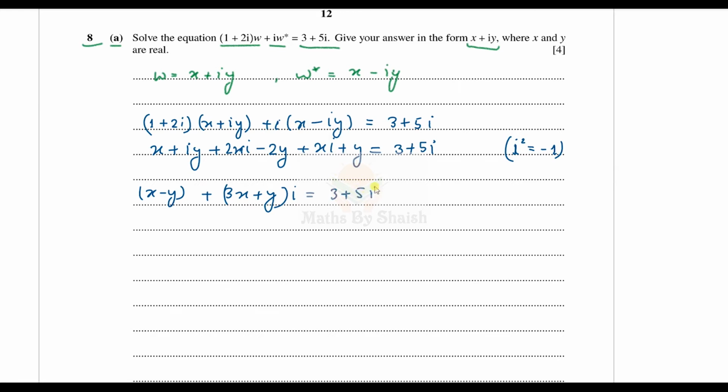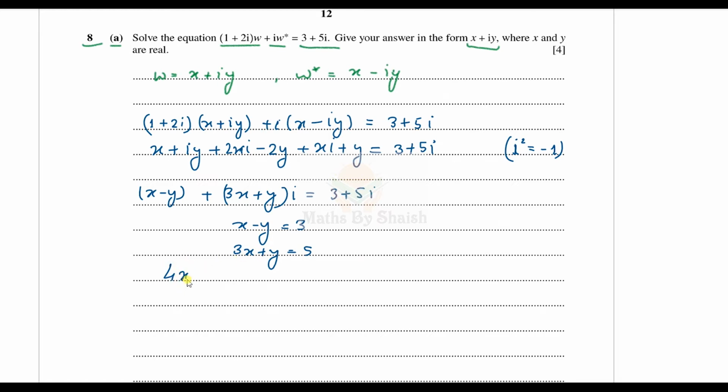Now we'll compare the real terms with the real terms and imaginary terms with the imaginary terms, and we will get two linear equations. That is x - y = 3, and another is 3x + y = 5. So we'll solve it by adding these two.